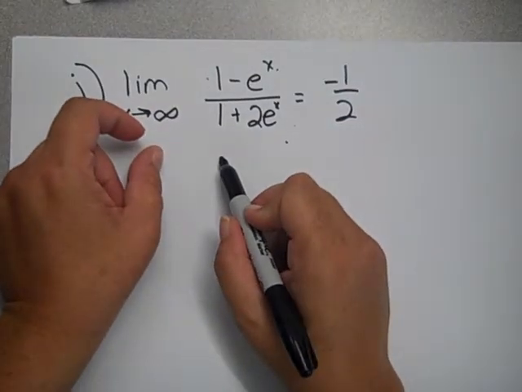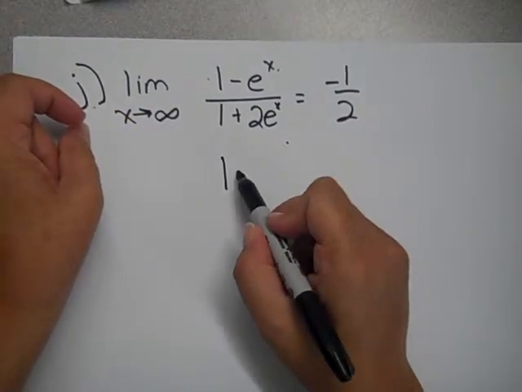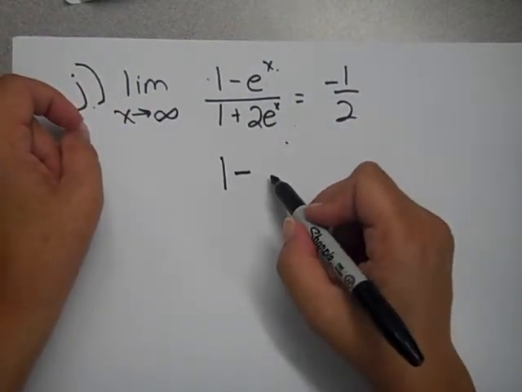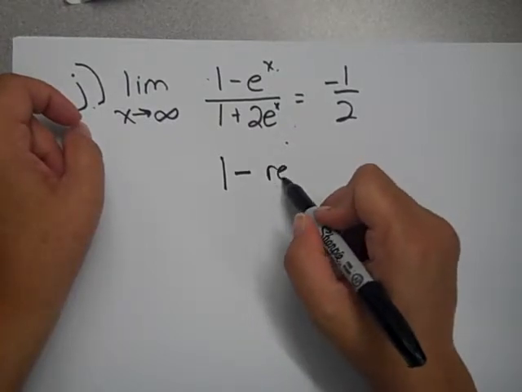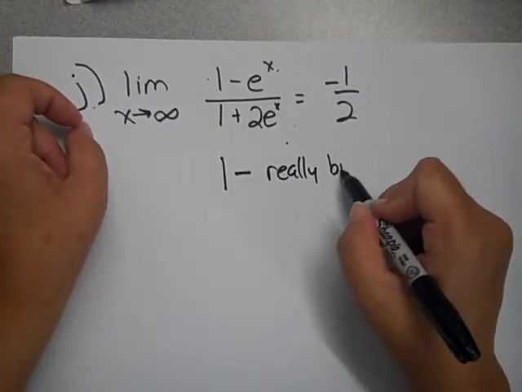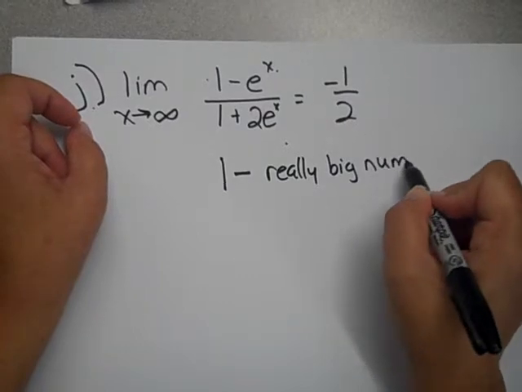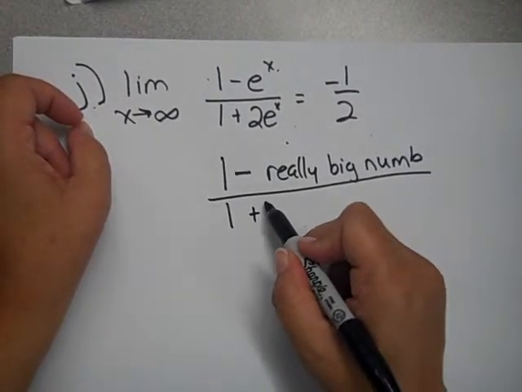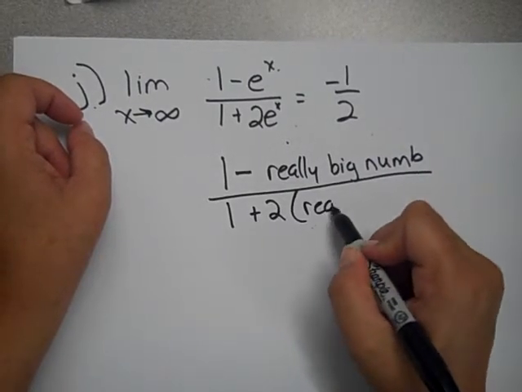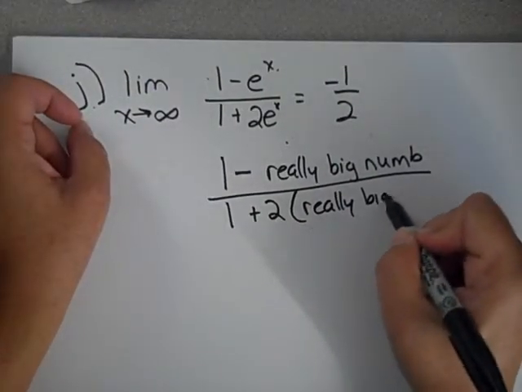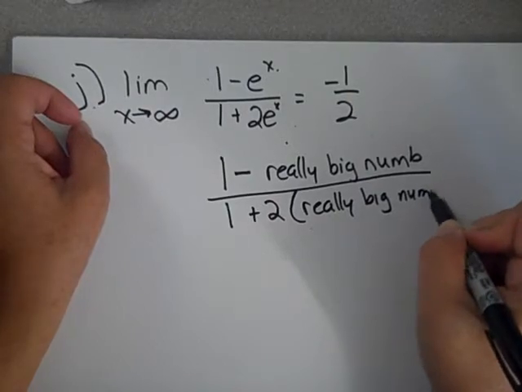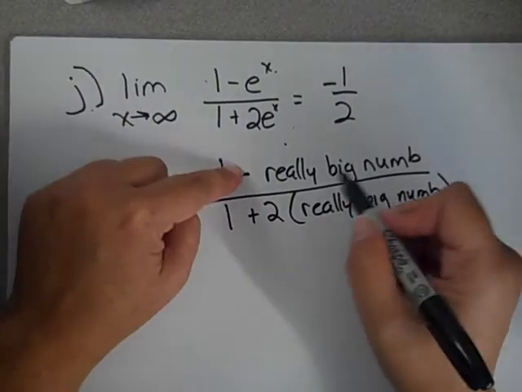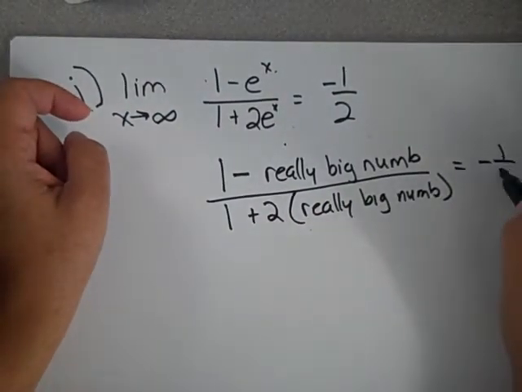So what we end up having is, this is the long explanation, 1 minus a really big number over 1 plus 2 times a really big number. So that's how we get the negative 1/2.